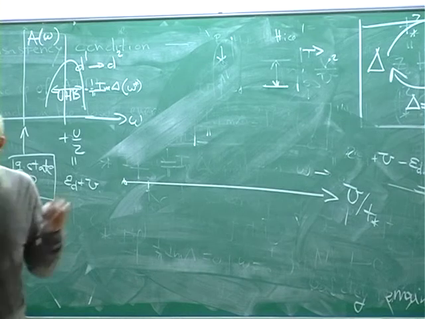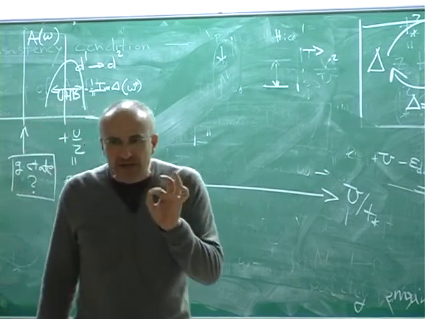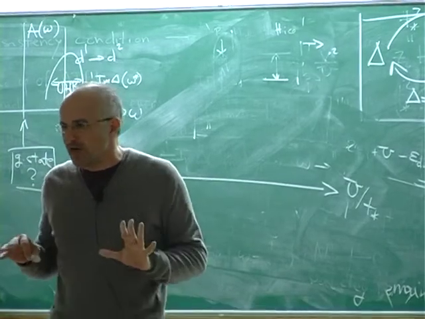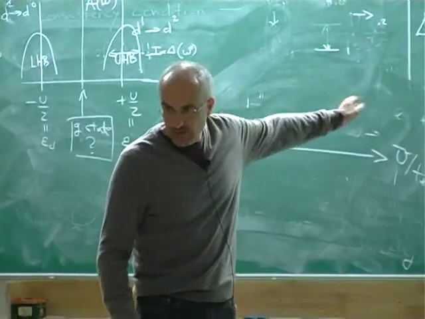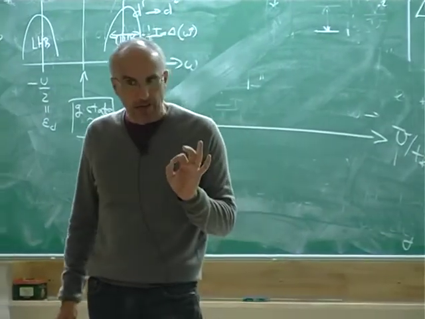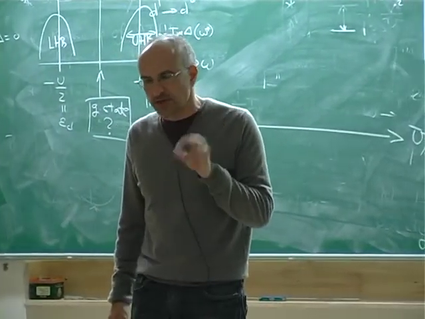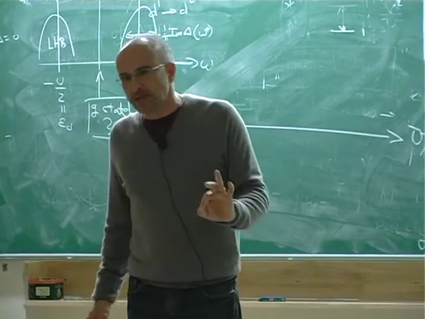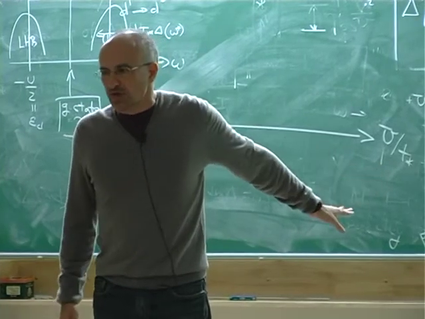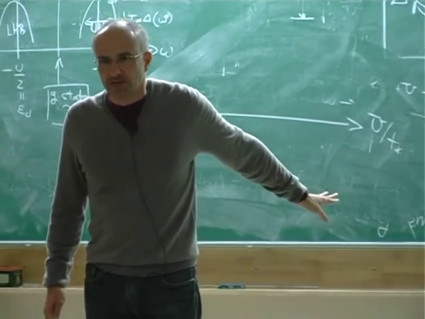I'm describing the solution of the paramagnetic DMFT equations at 0 temperature, a completely well-defined mathematical problem. I have to solve this problem at 0 temperature. But I'm not telling you this is the ground state of the Hubbard model, right? The Hubbard model at 0 temperature will have an antiferromagnetic ground state, which has a lower energy than the solution of these paramagnetic equations, right?